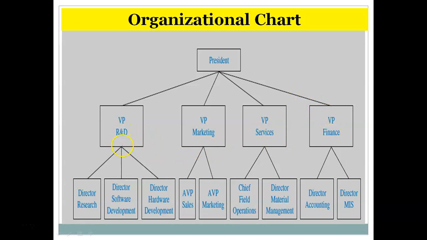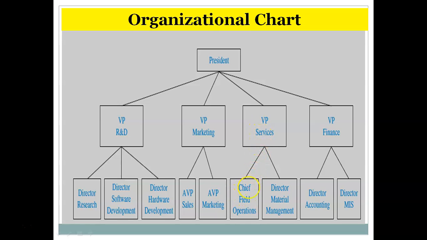Then vice president research and development is related to director research, director software development, director hardware development. Similarly, vice president marketing is associated with associate vice president sales, associate vice president marketing, whatever designation they give.